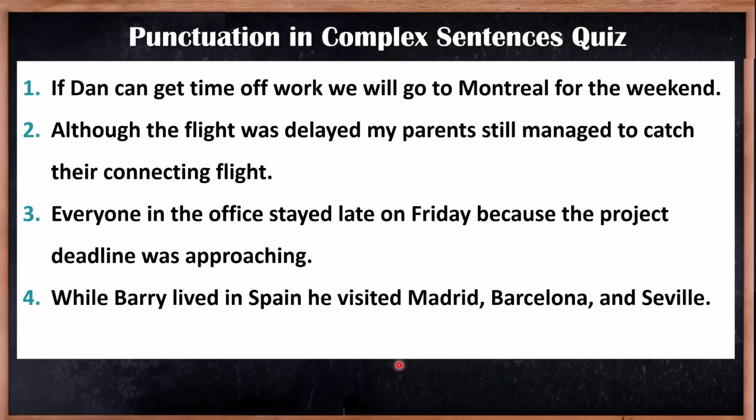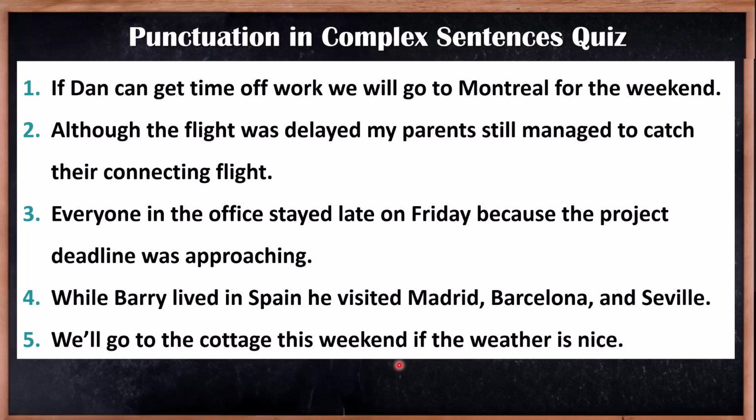While Barry lived in Spain, he visited Madrid, Barcelona, and Seville. And finally, number 5. We'll go to the cottage this weekend if the weather is nice. Let's begin with number 1.